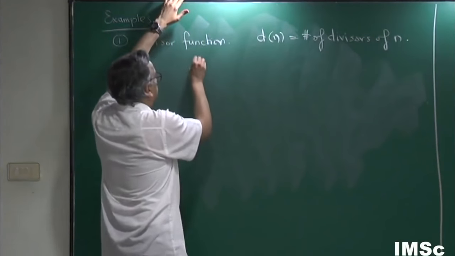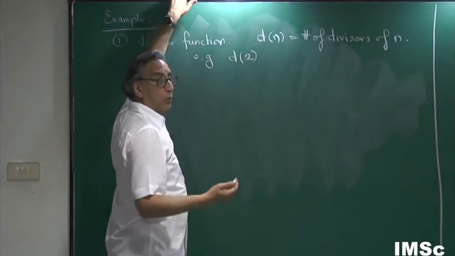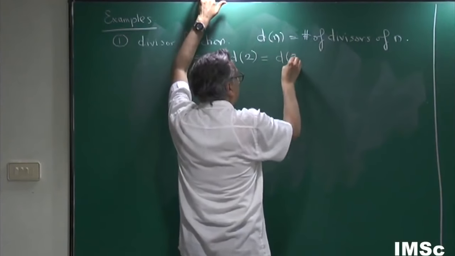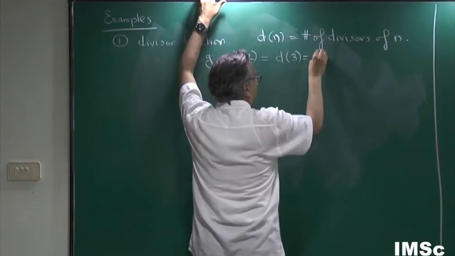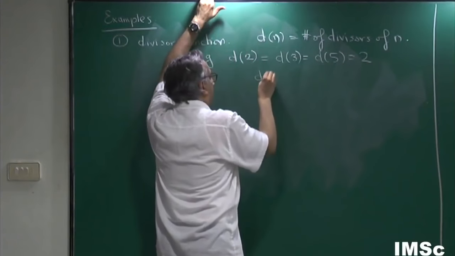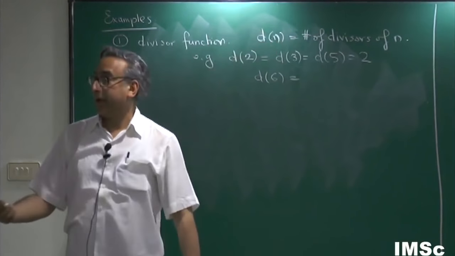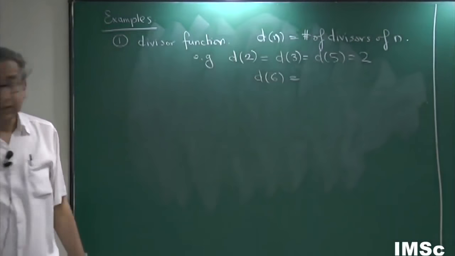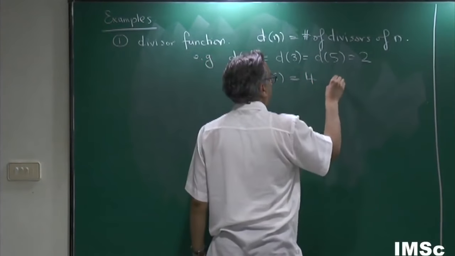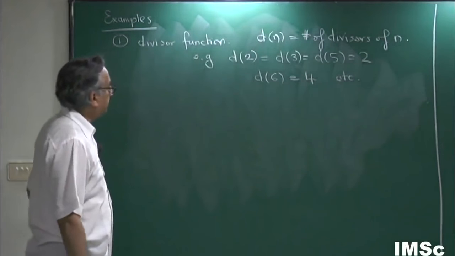So for example, d of 2 is 2, since the divisors are 1 and 2. d of 3 is also 2. d of 5 is 2. d of 6, though, is 4, since the divisors are 1, 2, 3, and 6, etc. So this is the divisor function.